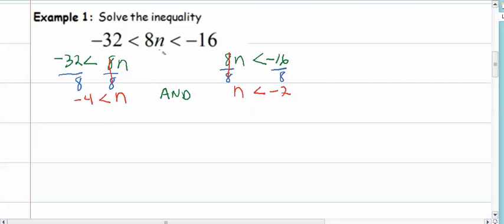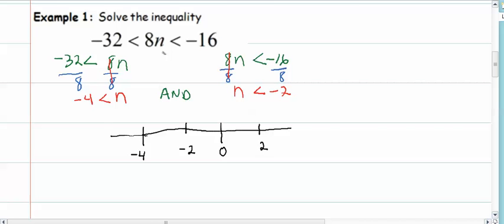Okay, now we're going to graph this. So let's look and see what the graph of this looks like. We're going to make a number line. Here's our 0. Here's positive 2. I'm going to put in negative 2. I'm going to put in negative 4.